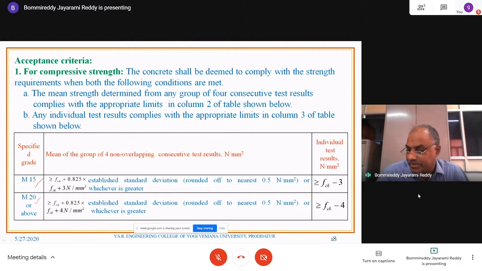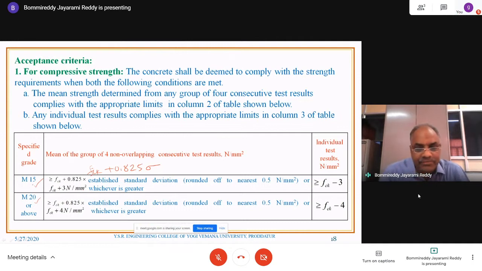So it is nothing but FCK plus 0.825 sigma. FCK is the characteristic strength of concrete, which we will discuss a little later in detail. Or FCK plus 3 Newton per mm square, whichever is greater.